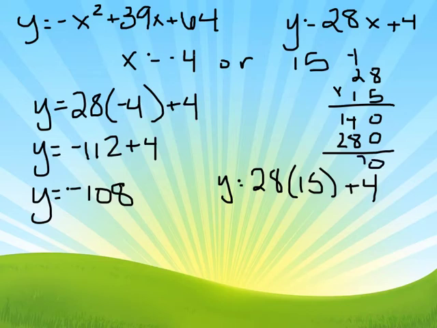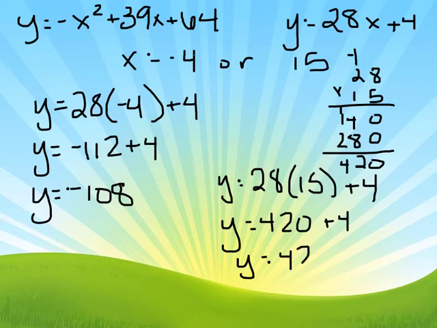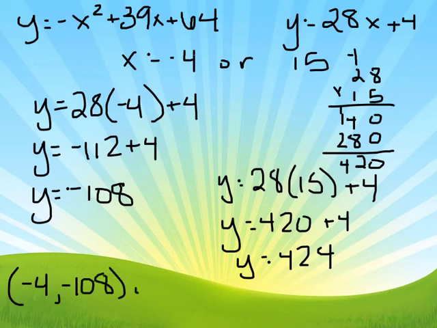And so we get 420. y equals 420 plus 4, so y equals 424. When we write our solutions, again, they are ordered pairs. So our first solution is -4, -108, and our second solution is 15, 424. And that is our solution set.